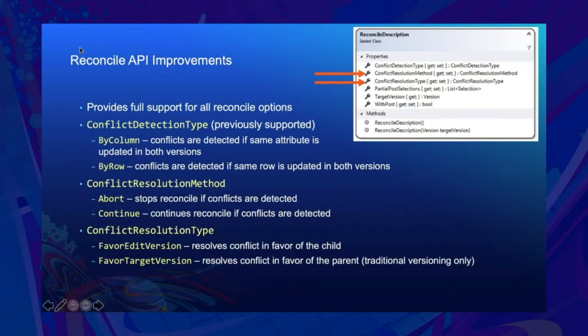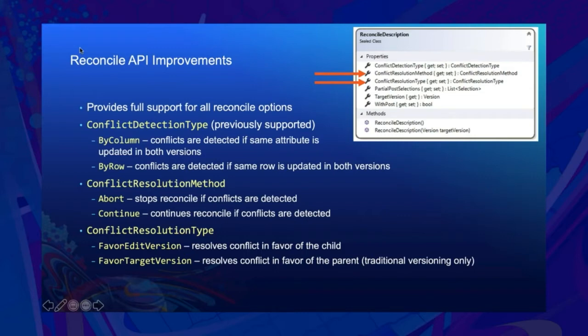So we have made some changes to the reconcile API as well to provide full support for all of the options. Now, it can be a little confusing with three different properties with the name conflict in the title, so I'll cover all three even if the first one was already there. The first one is conflict detection type, and this is how conflicts are detected either by column or by row.